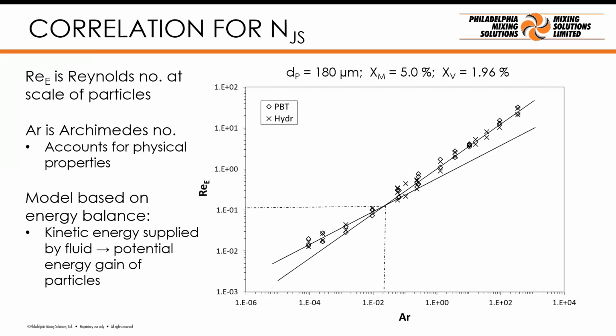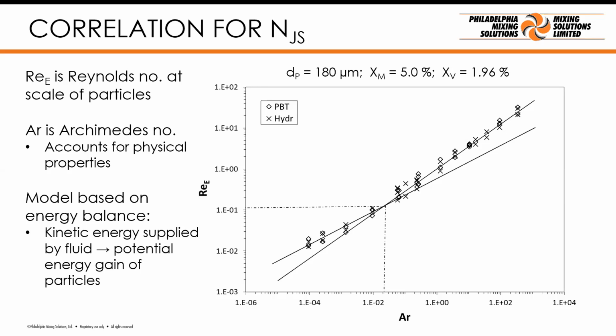So what the model predicts is that there are 2 regimes. First, let me say that the way we take the physics, we take the model, we write the balances, and then we can express the equations dimensionlessly as a Reynolds number and an Archimedes number. The Reynolds number that we're using is the Reynolds number of the turbulent eddies at the scale of the particles.